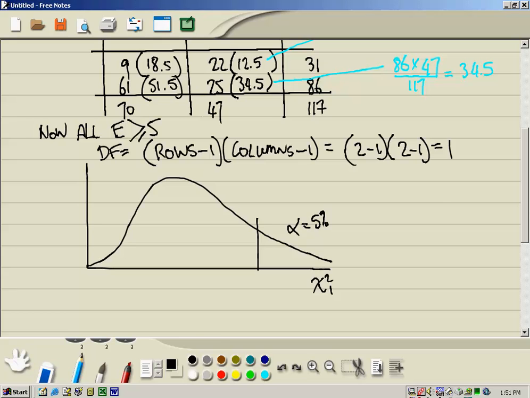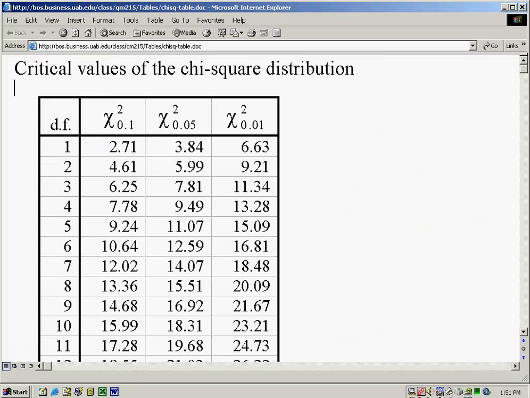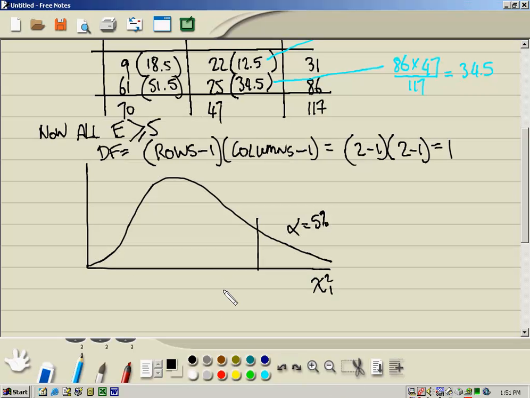So going back to the chi-squared tables, 1 degree of freedom, 5%, 3.84 for the critical value. Anything less than that, there's an insignificant relationship. Anything greater, we have a significant relationship.